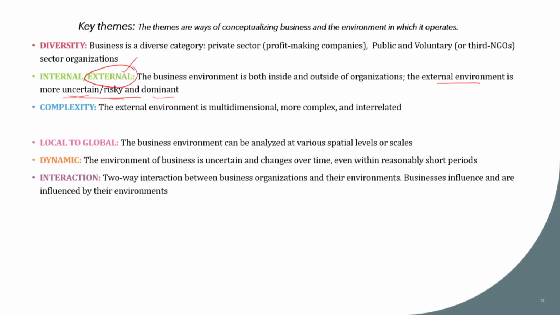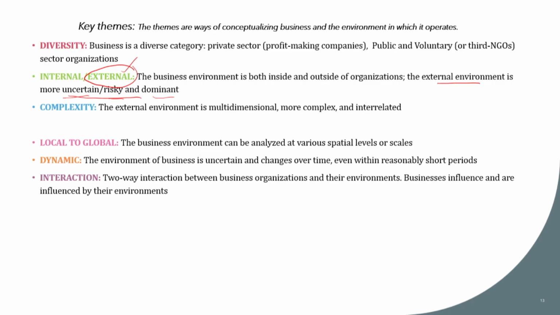Then there is two-way interaction between business organizations and their environments. Clearly the main point here is that businesses influence the environment, and the environment also influences the businesses. So that means there's a two-way interaction.